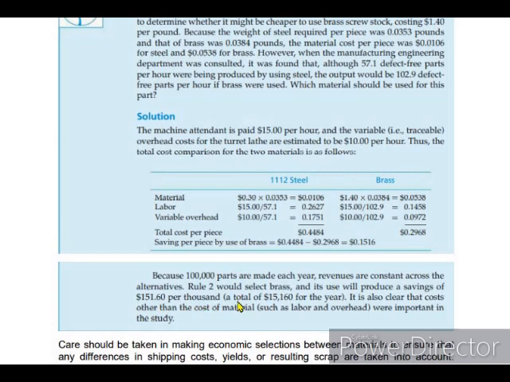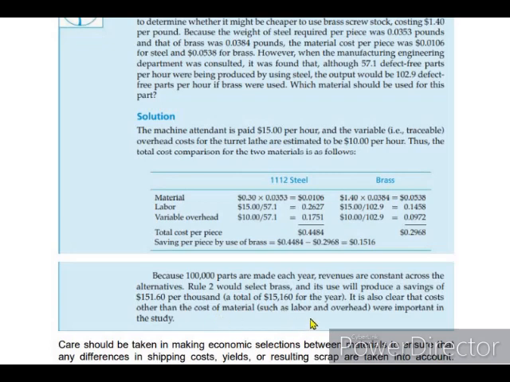So a total of 15,160 for the year. We got 151.6 here because we multiplied it by 1,000. That's why it is per thousand. But if we multiply it by 100,000, we will get $15,160 savings per year.